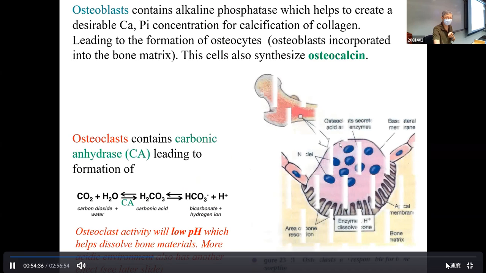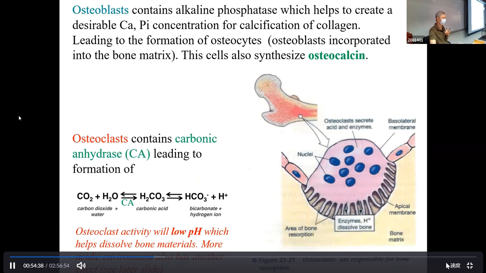Now, a bit more detail on the two types of cells. This is something that I want you to remember. A lot of the general nutrition information you may have learned earlier, so these bone cells may be new information to you, and it will be important to pick it up.